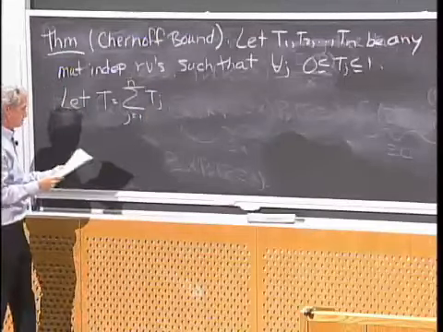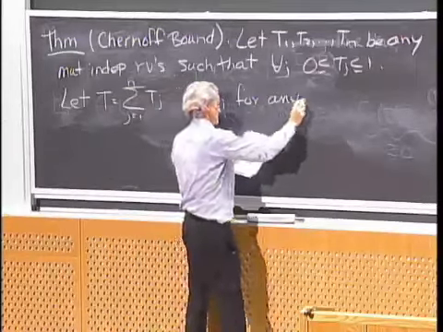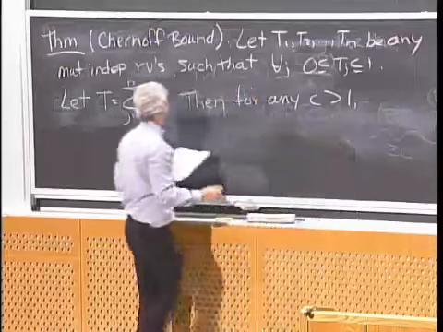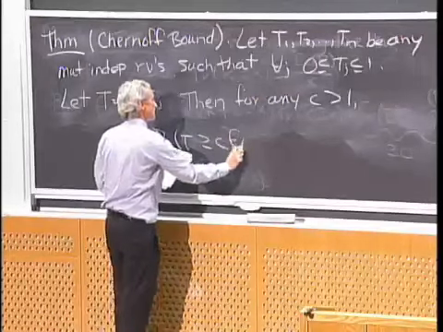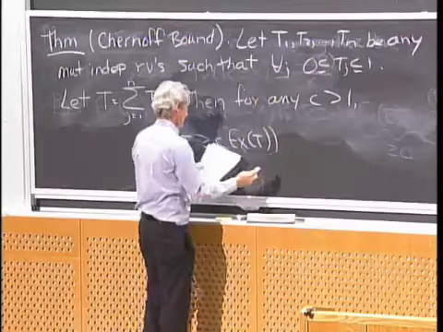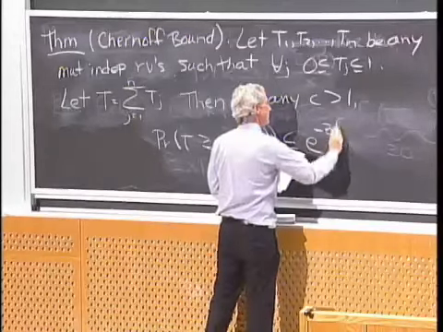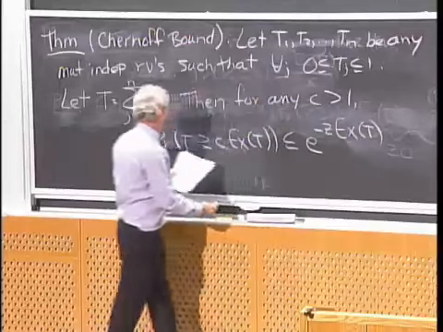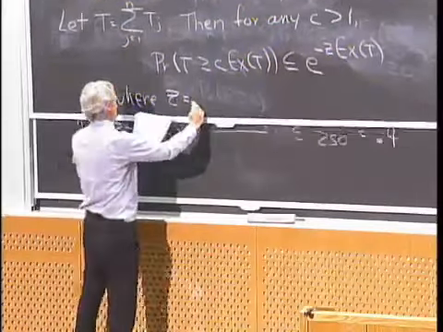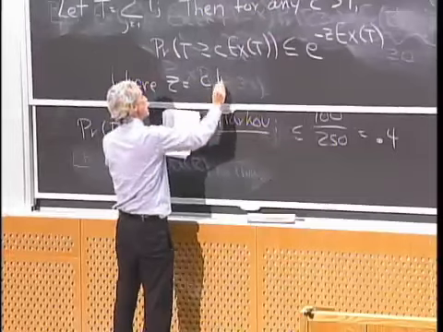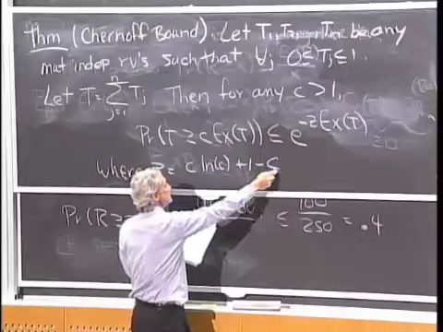Call that T. Then for any c at least 1, the probability that the sum random variable is at least c times its expected value, so it's going to be the high side here, is at most e to the minus z, and I'll tell you what that is in a minute, times the expected value of T, where z is c natural log of c plus 1 minus c. And it turns out if c is bigger than 1, this is positive.